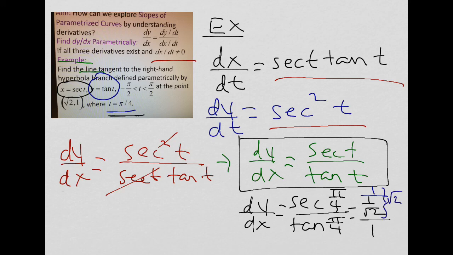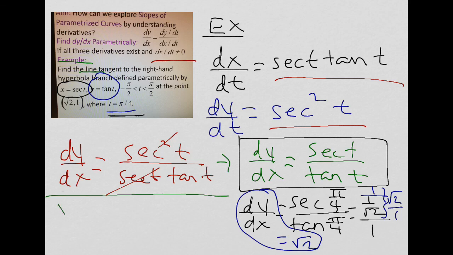Okay, I apologize. And if I'm dividing by 1, it's still radical 2 over 1. So this final answer, I'm going to squeeze it in, is just radical 2. Okay? So now, we're almost done. We found dy over dx. So that means we found the slope to our tangent line. So let's start working on our tangent line.